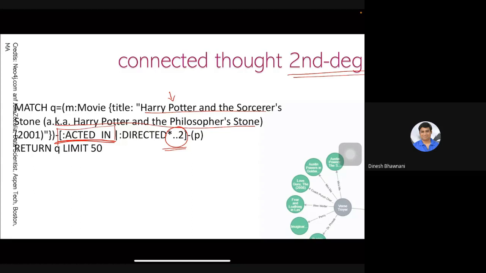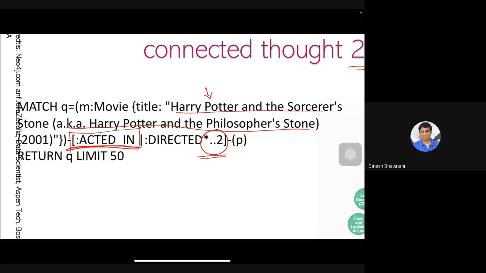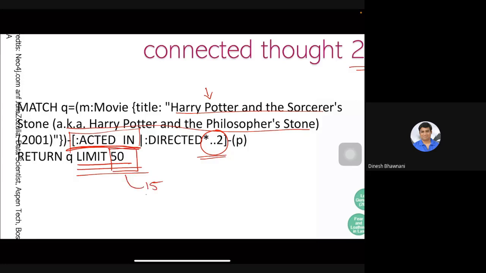Then if you return, you will see your 15.6 inch screen is too small for all the actors who are even second degree connections. Sometimes, depending on the dataset, it may not be, but usually it's good practice to limit how many findings you want. Okay, 50 is also too cluttered, reduce it to 15. It's up to you.